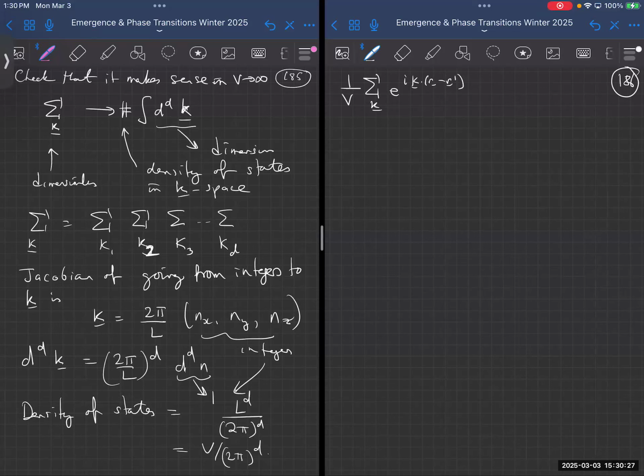So this thing is equal to 1 over V, and then V over 2 pi to the d times the integral d dk, and then times exp i of k dotted with r minus r prime.